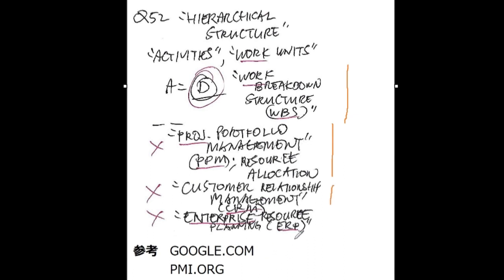And then the enterprise resource planning. So I did get the enterprise keyword as well. And in this case, you have additional words like resource planning. But in the end, what we want is WBS, which is work breakdown structure, for the correct answer, which is, as it turns out, the letter D.